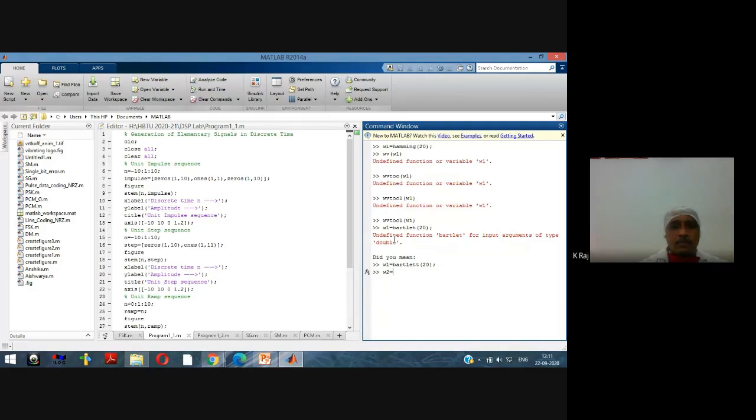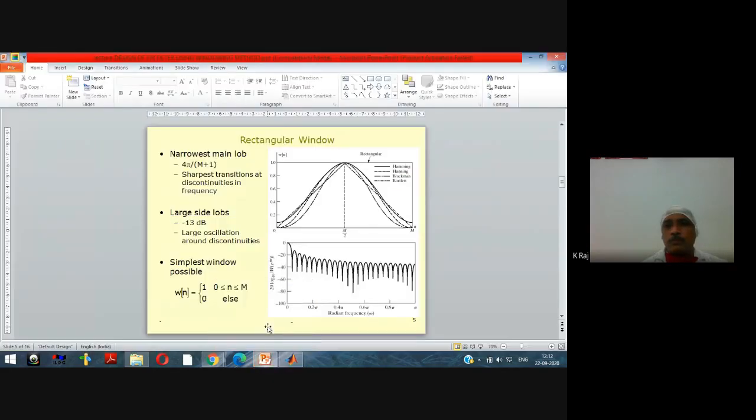Then say W2 is written. What are the other windows? Hanning window and 20, put again a semicolon, and the fourth window is Blackman.